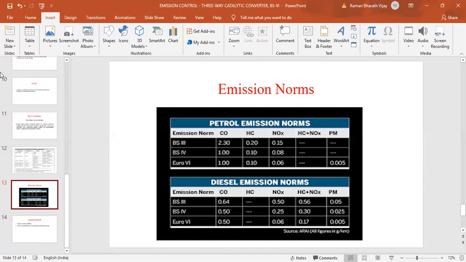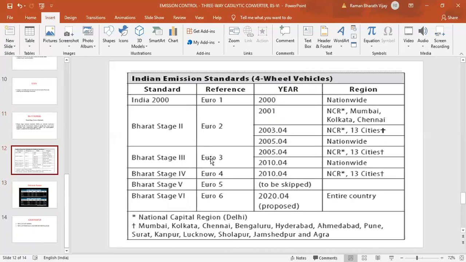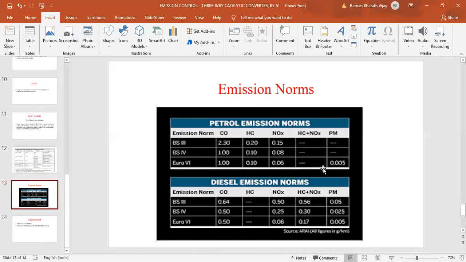If BS6 is asked, you should know what Bharat Stage is, why it is implemented, where it is referred from, and what the proportional ratios are, everything. Okay, so this is about BS norms and the three-way catalytic converter.